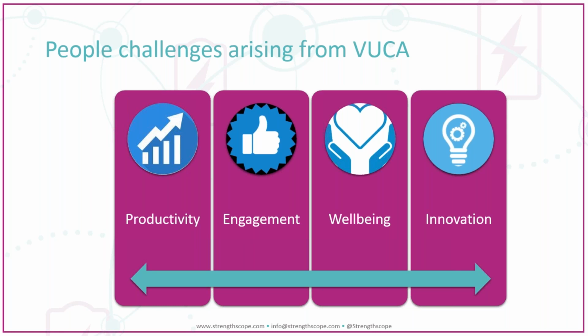What we're seeing is there are four big challenges facing every organization. The first is productivity. Organizations are looking to get more with less, and a lot of that is about how we can make people work in smarter ways, and how we can get more from the talent we employ, a higher return on investment, if you like.